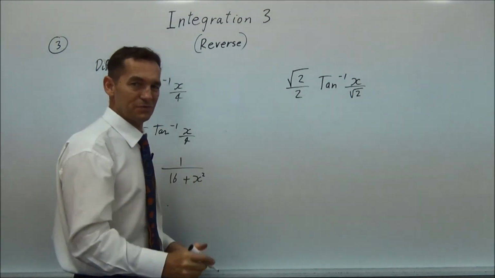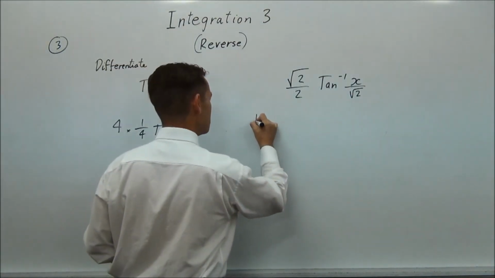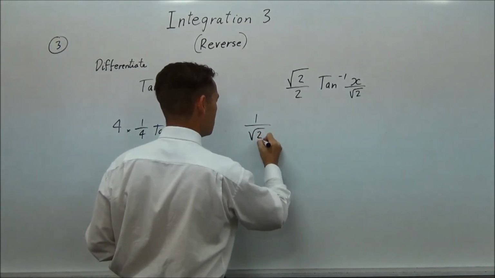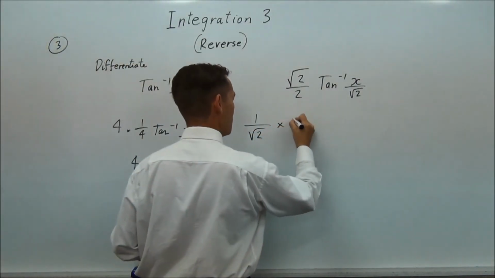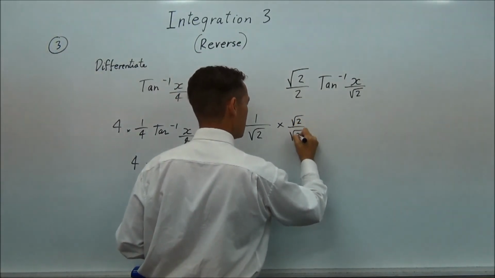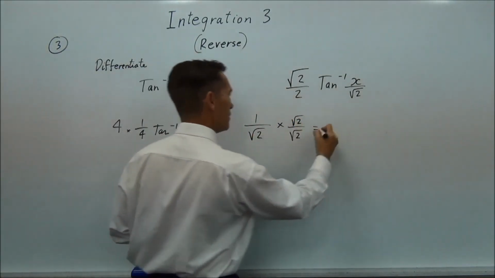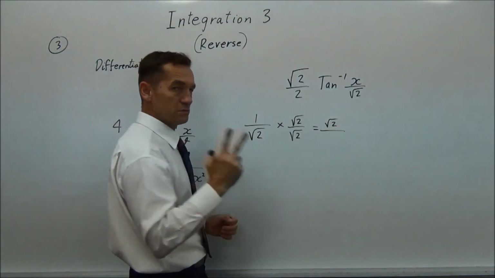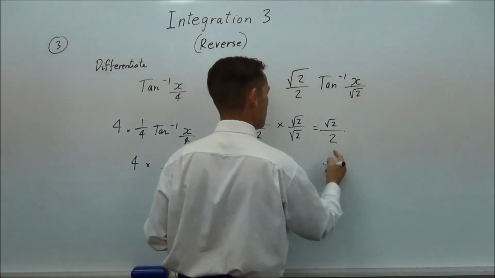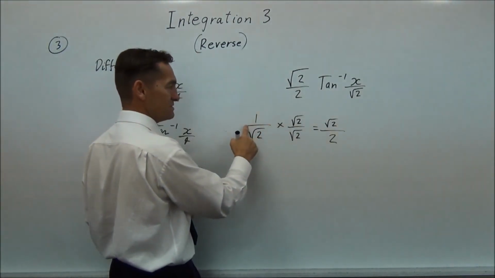Because what have you done before? You've rationalised the denominator. So let's rationalise the denominator of 1 over root 2. What do you do? You multiply by root 2 over root 2. And you get root 2 over root 2 times root 2, which is 2. So that is the same as that.